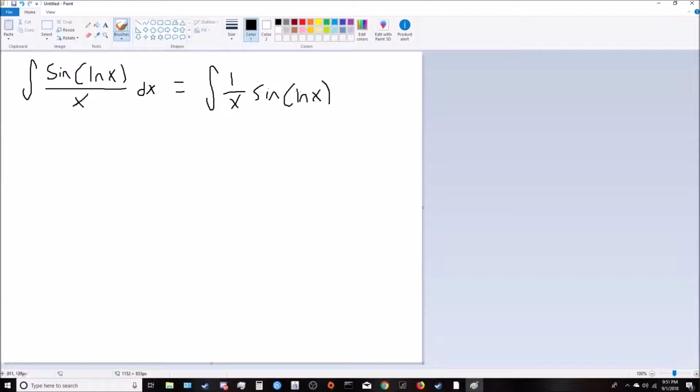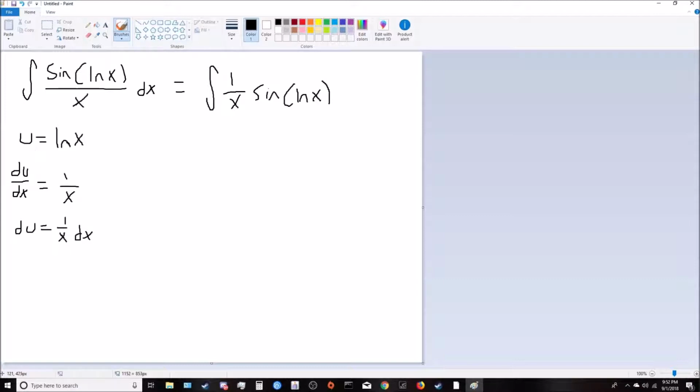So we already have our u, where u is equal to natural log x. You can see right away that it'll substitute cleanly back into the sine because you'll just have a single variable, no coefficients or powers or anything else to worry about. Now to get our du term, we take the derivative with respect to x, which is of course 1 over x. Then we bring the dx over, and we get du is equal to 1 over x dx.